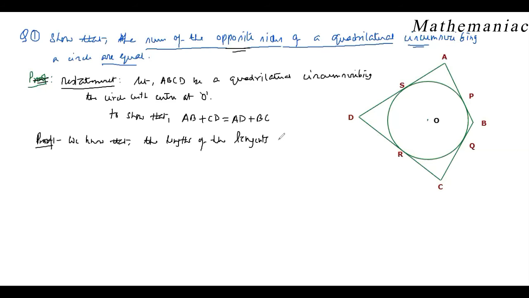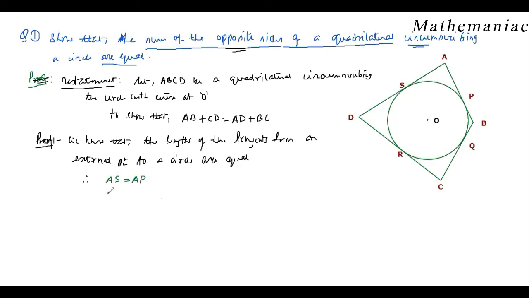So the lengths of the tangents from an external point to a circle are equal. Therefore, now we'll write the conclusions. What can we write? AS equal to AP.